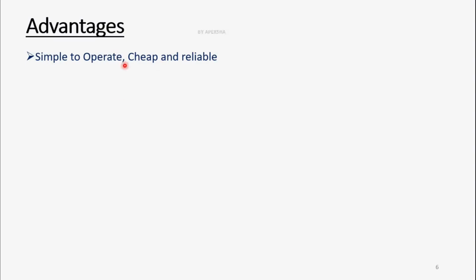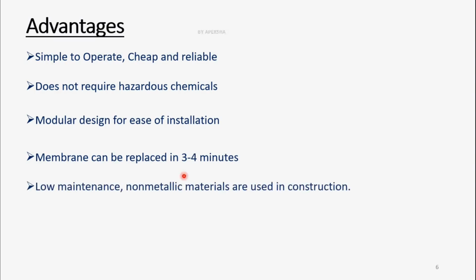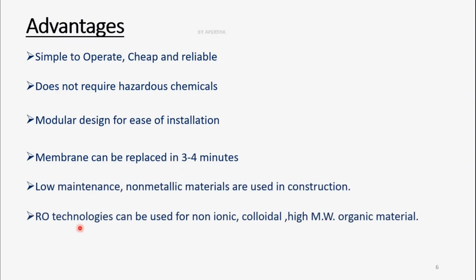So advantages क्या है: simple to operate, cheap and reliable, no hazardous chemicals are used, easy installation, and the membrane can be replaced within a few minutes, and low maintenance है. And then RO technology can be used for non-ionic colloidal solution or higher molecular weight organic materials.